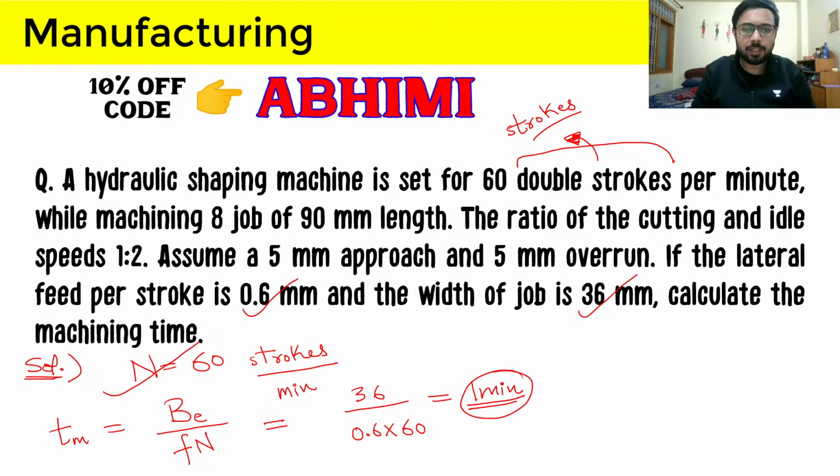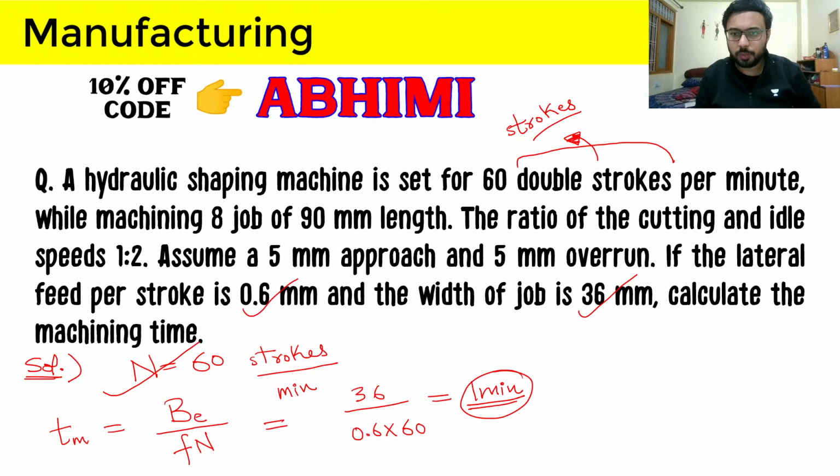Therefore in this question you just saw that we didn't have any usage of the ratio of cutting and idle speeds, that is the quick return ratio. We also didn't have use of the approach and overrun, because that would go into the effective length calculation.